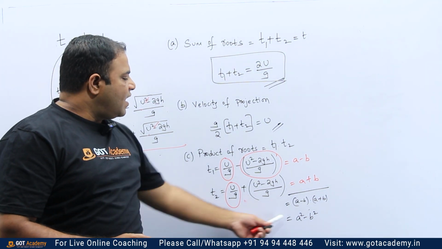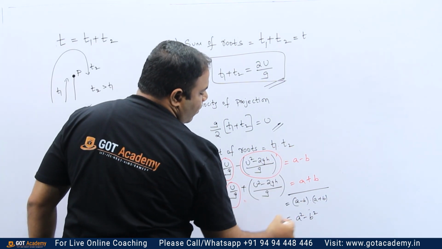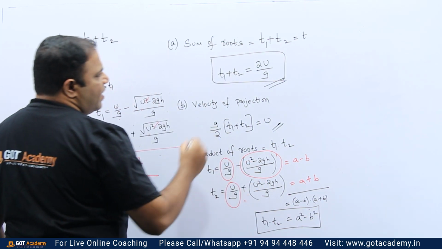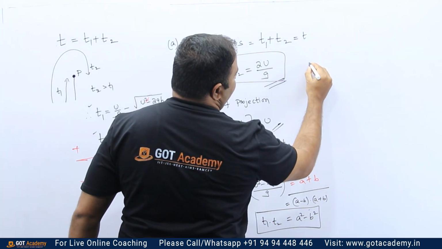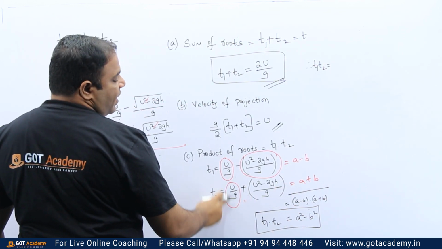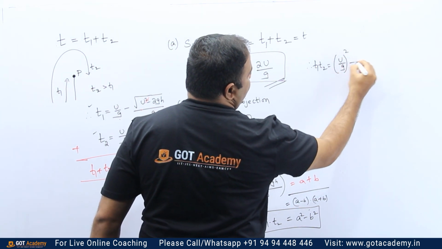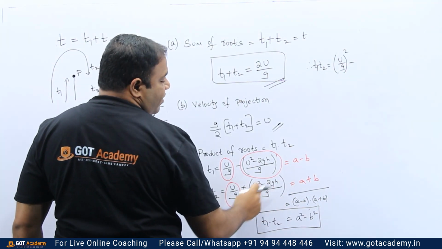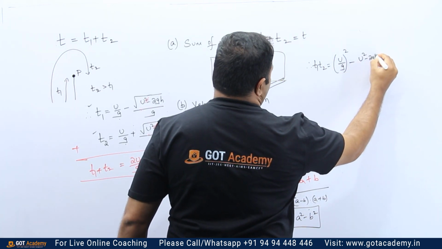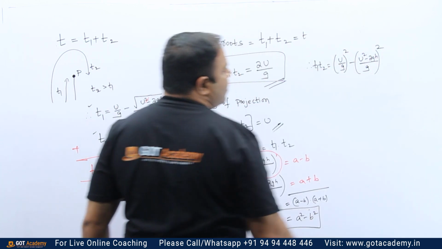You can save some time. Therefore, t1 into t2 is equal to A square minus B square, where A is u by g, so u by g whole square, minus B square, that is u square minus 2gh by g.